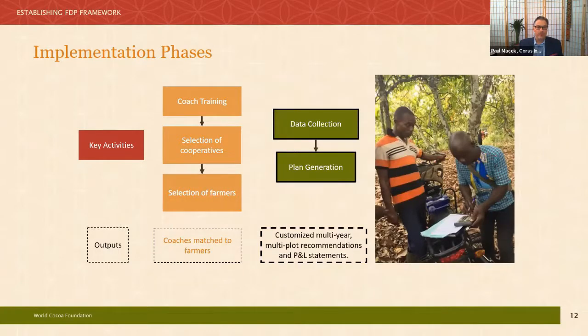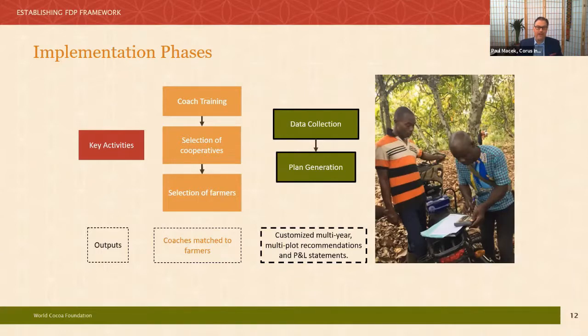From the farmer and cooperative selection, you then move to the foundational element, which is collecting quite a bit of data around the individual farm. And I think we're all aware that a farm is not a homogeneous entity. It's often a collection of various plots with different genetic material, different soil types, different landscapes in some cases, and different age of trees.